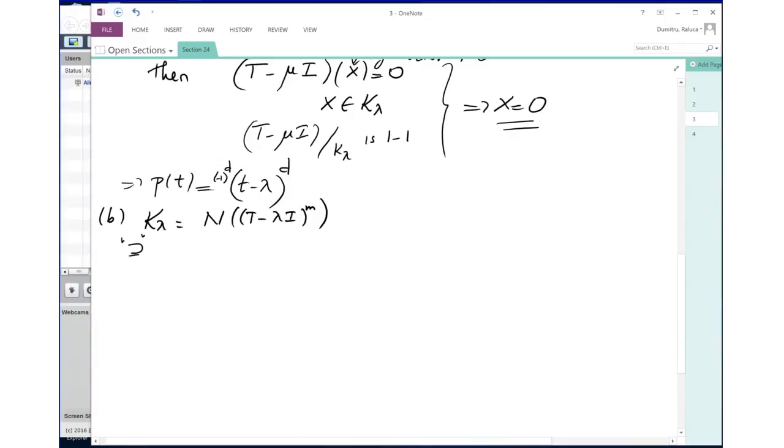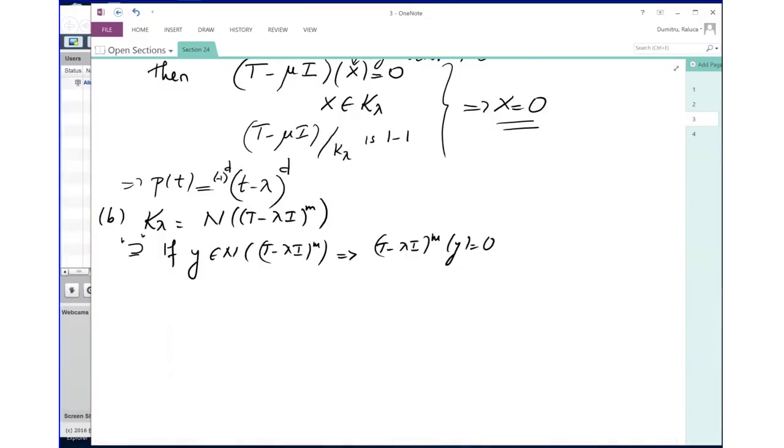If we start with a vector in the null space of (T minus lambda identity) to the M, that basically means that (T minus lambda identity) to the M of that vector is 0, right? But K lambda was defined to be the collection of all those vectors Y such that (T minus lambda identity) raised to some positive integer of that vector is 0.